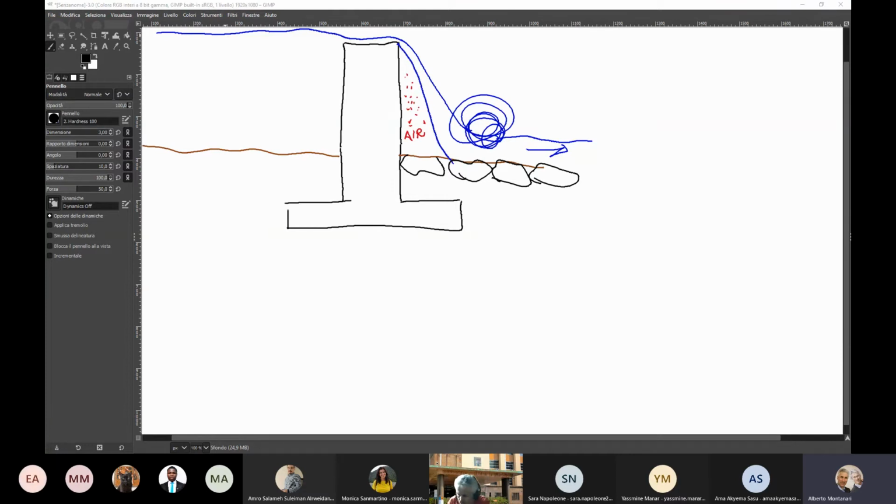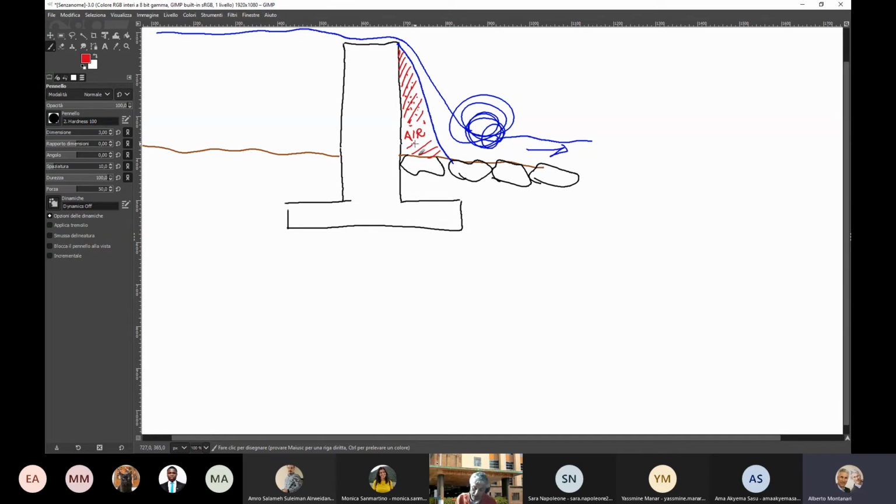I said that this is for small infrastructures, small barrages. Why? Because if the river flow becomes very important, then you have a big void. This void here becomes larger. So this part here, where you have air, becomes larger, a lot of air in it. And what happens then?